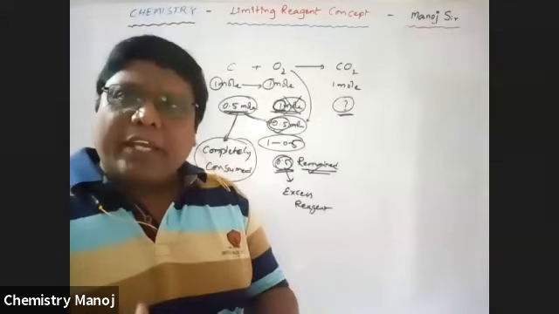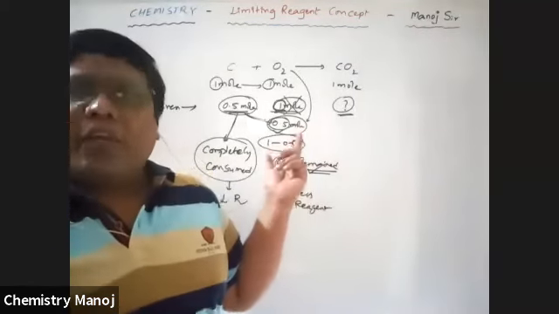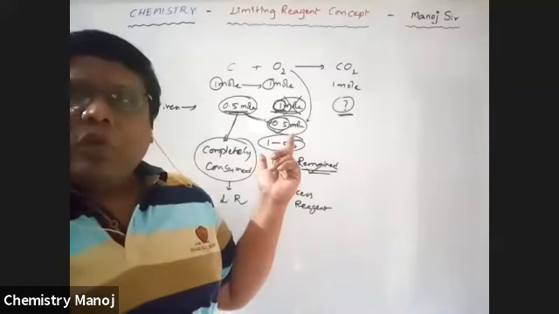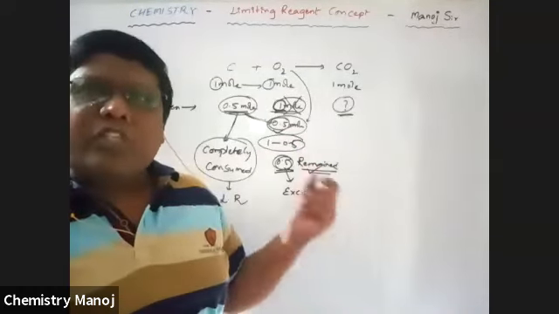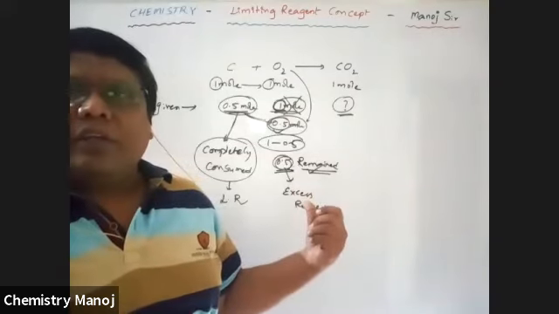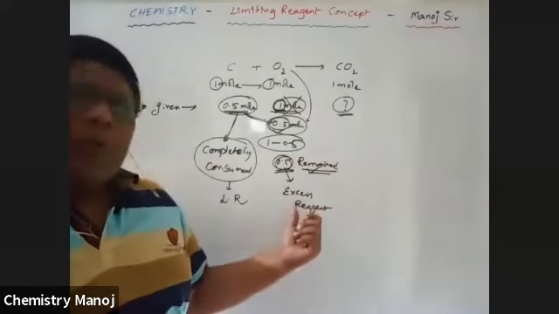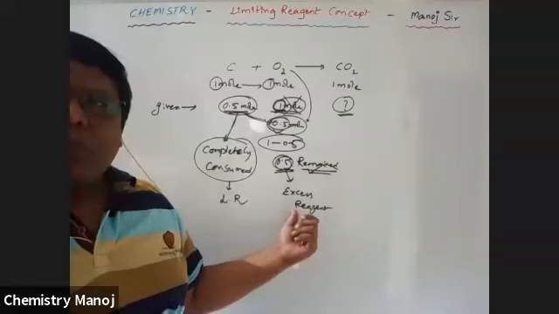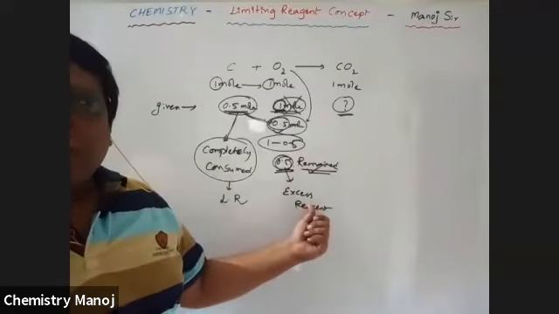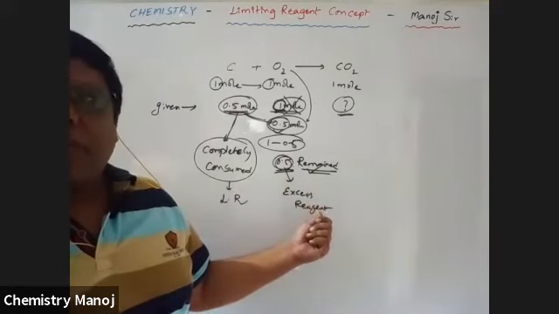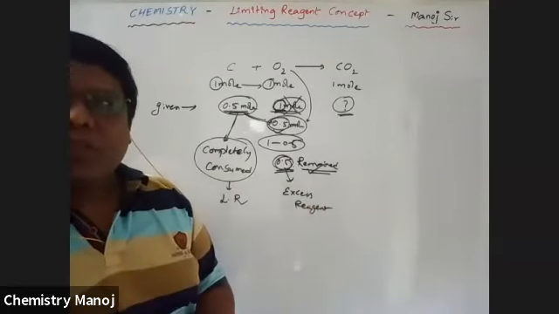If non-stoichiometric amounts of chemicals are given to you, among them one of them is completely consumed, and the remaining one is in excess amount. The one which is completely consumed is called the limiting reagent. The one which is not completely consumed, something remained, is called the excess reagent.